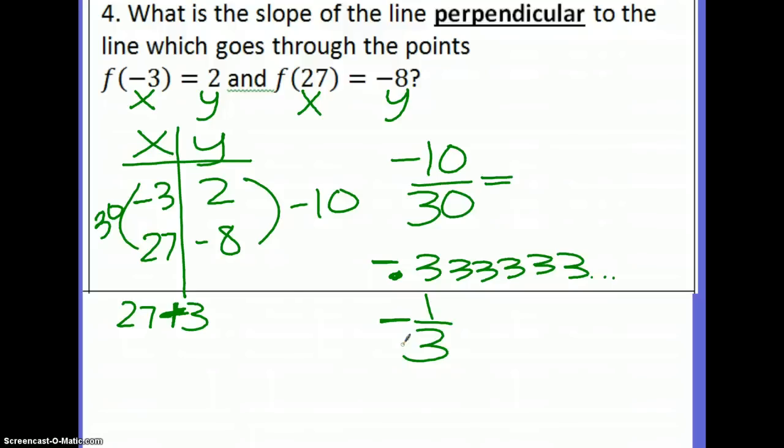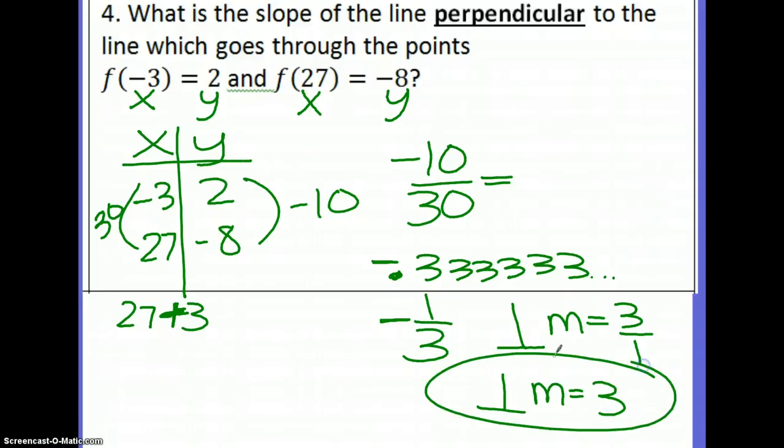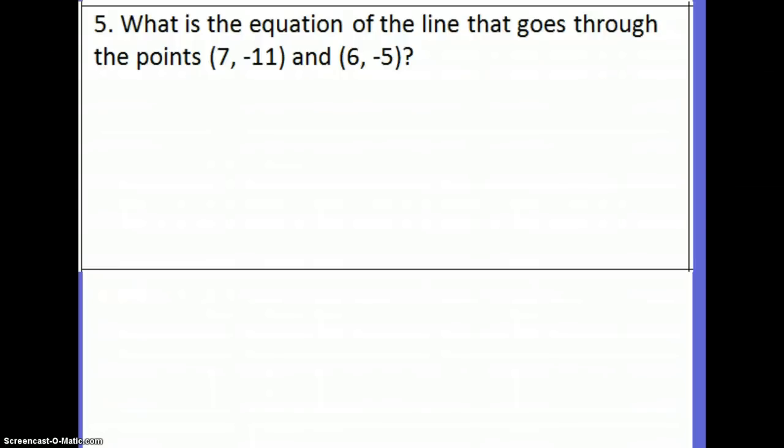And if we want perpendicular slope, we would change the sign to positive and flip it. It becomes 3 over 1. But 3 over 1 is the same as just 3. So m is 3. What is the equation of the line that goes through the points?